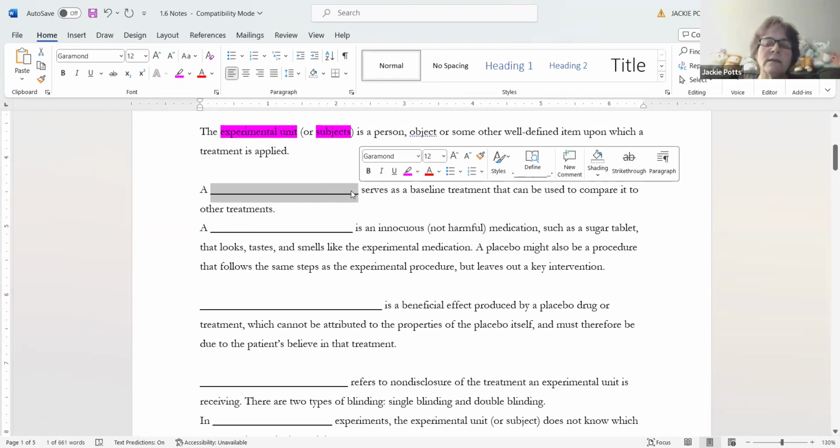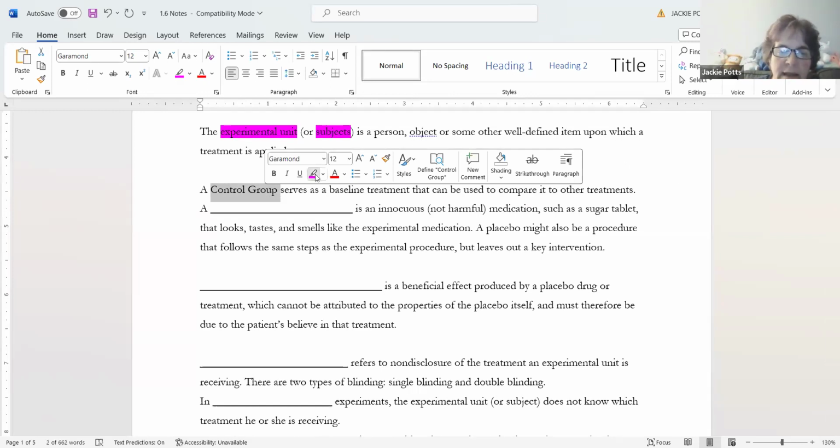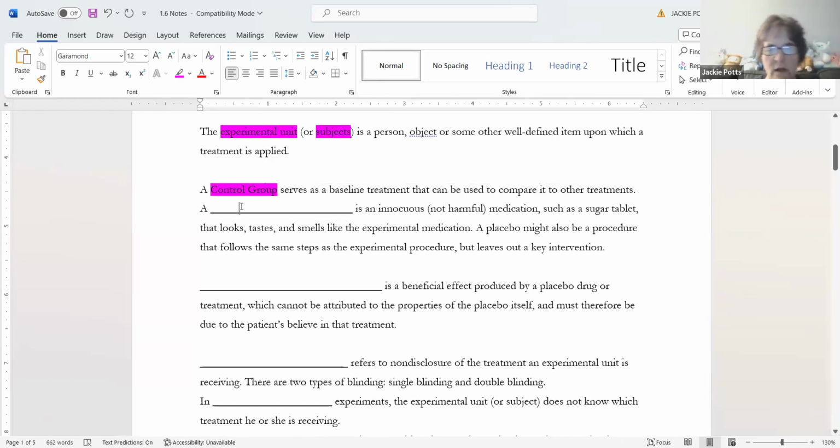Now, in an experiment or a designed experiment, we always have to have a control group. This is the group that we are holding steady. That's our baseline, just like it says. This is what we're going to compare the experimental group to. Sometimes the control group is like if we were studying a new cold med.